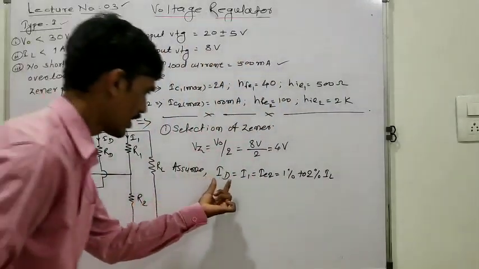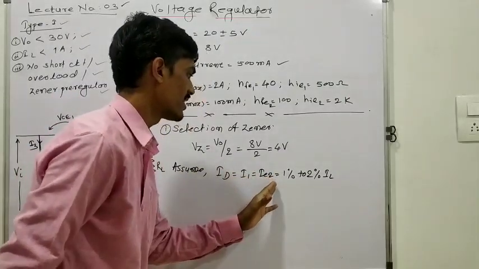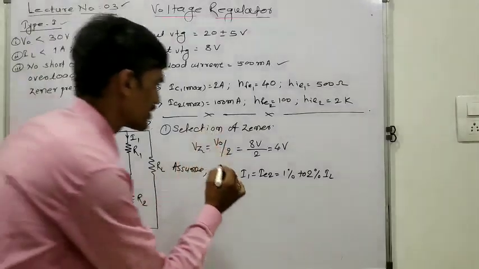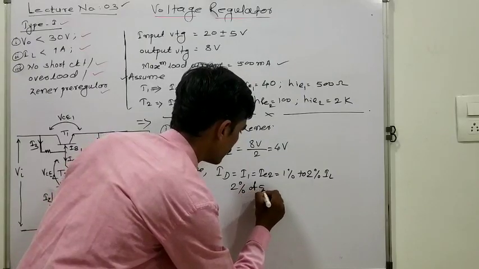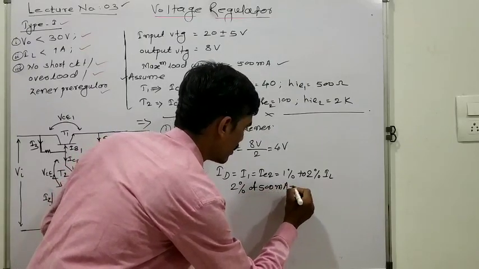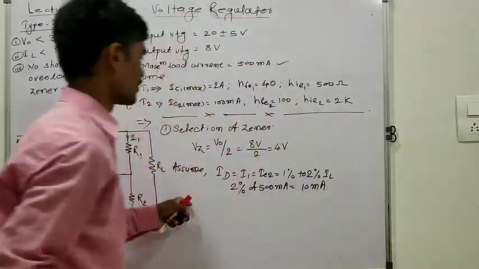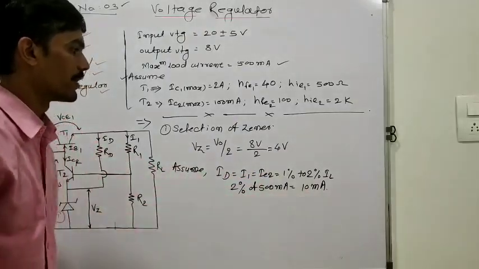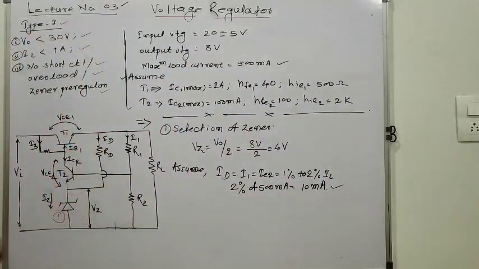So this current must be equal, and it is assumed to be 1 to 2% of IL. Let us assume this current is 2% of 500 milliampere, so it equals 10 milliampere. So ID, I1 or IC2 equals 10 milliampere. This current we have to use throughout the designing of this voltage regulator.